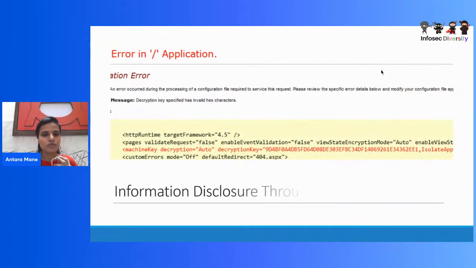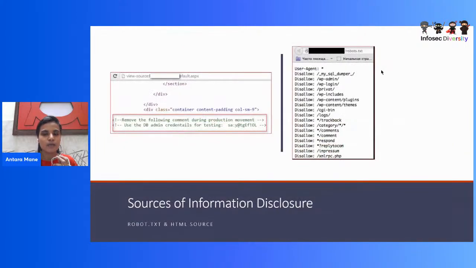So here are some other examples of information disclosure through error messages, disclosing the decryption key and disclosing the runtime framework used in the backend, right? Another example is disclosing the web directories via the robots.txt file. Another is not removing hard coded HTML content.